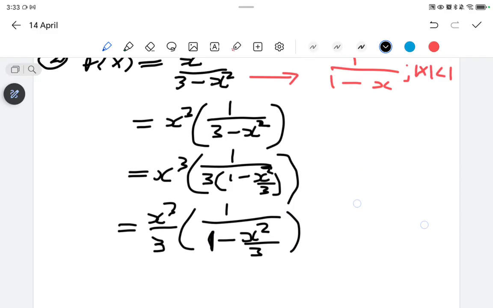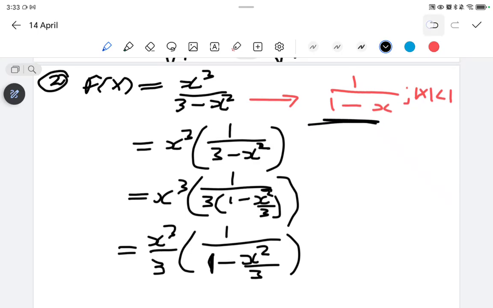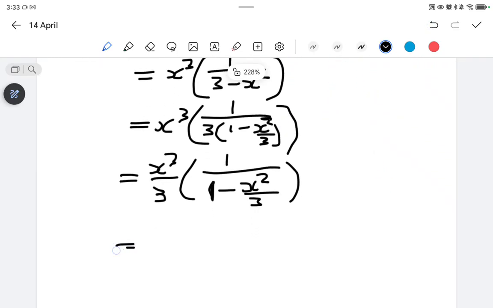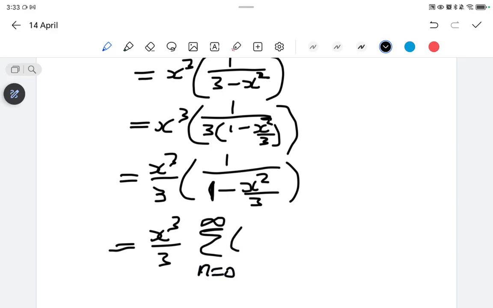It's in this format. So it means that it can be written as x to the third over 3 times the summation from n equals 0 to infinity of x squared over 3 to the n. I'm sure we see this.